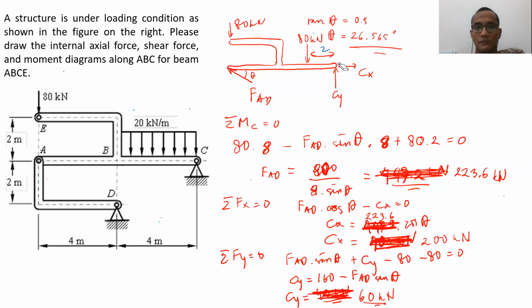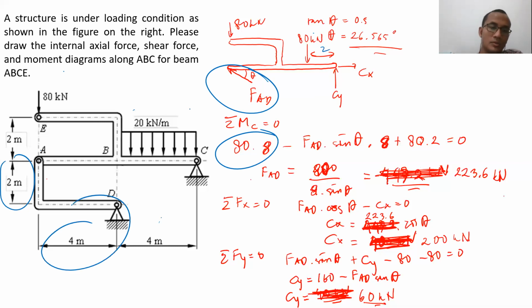If counterclockwise is positive, then 80 kilonewton multiplied by the moment arm, 8 meters, minus FAD sin theta. Remember that theta we can find using these two values. So theta is arc tangent of 2 divided by 4, arc tangent of 0.5, which is 26.565 degrees.